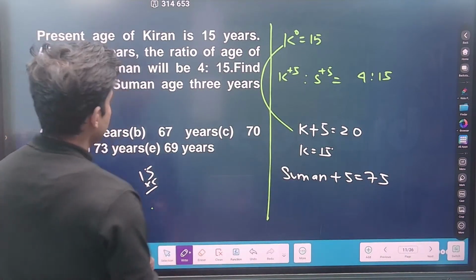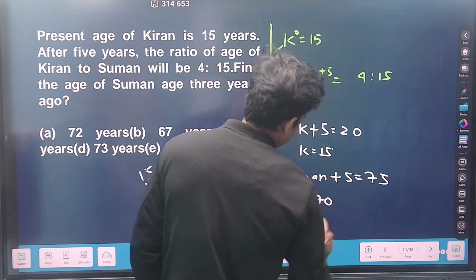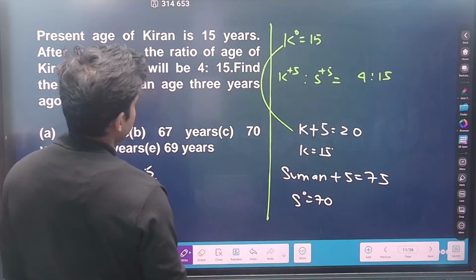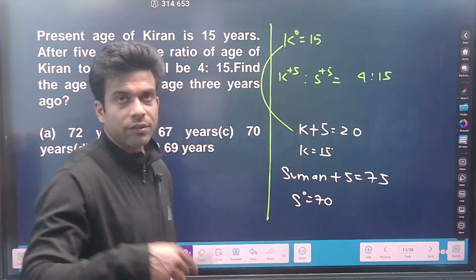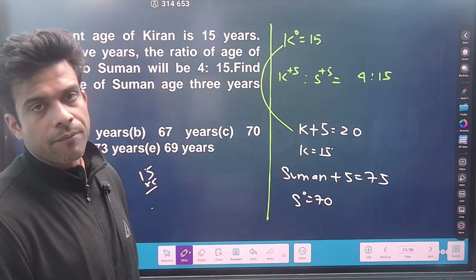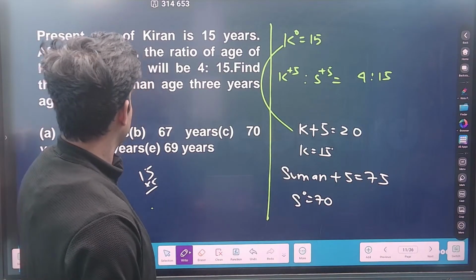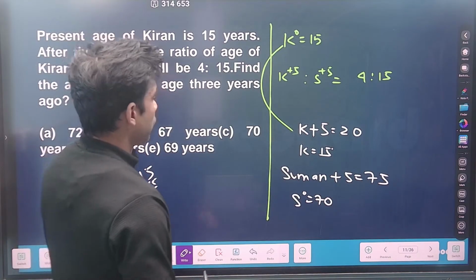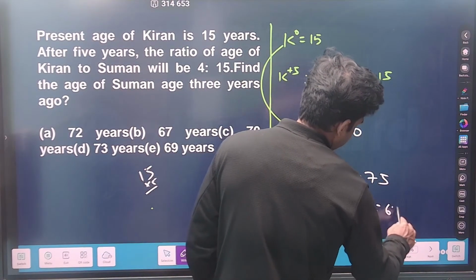So Suman's present age would be 70. Suman's present age and Suman's age 3 years ago would be how much? That would be 63, no? 3 years ago it would be 63.